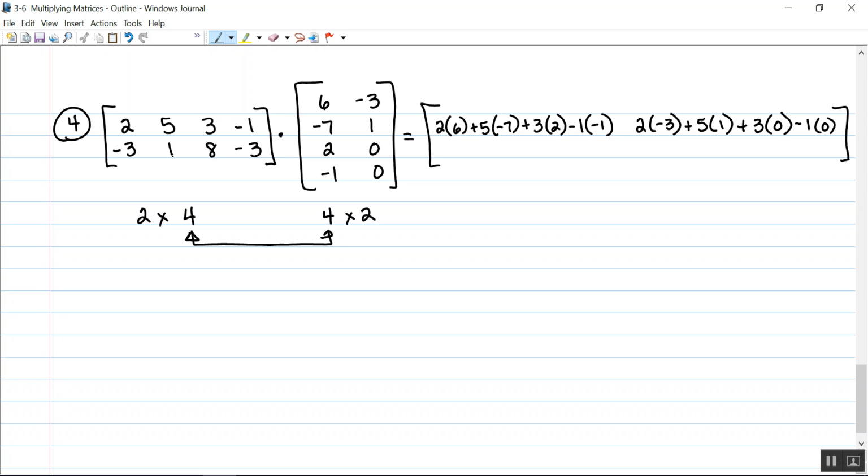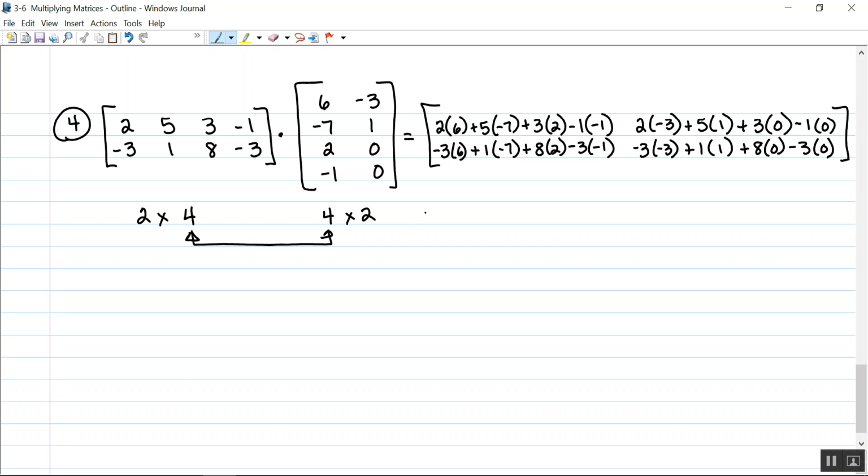Now let's go across the second row and down the first column. Negative 3 times 6 plus 1 times negative 7 plus 8 times 2 minus 3 times negative 1. And that's one element. Now across the second row and down the second column. Negative 3 times negative 3 plus 1 times 1 plus 8 times 0 minus 3 times 0.